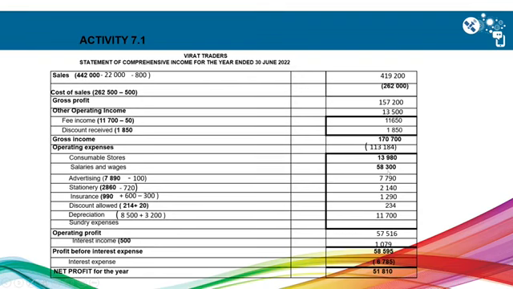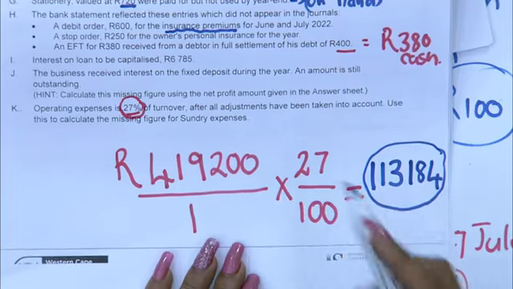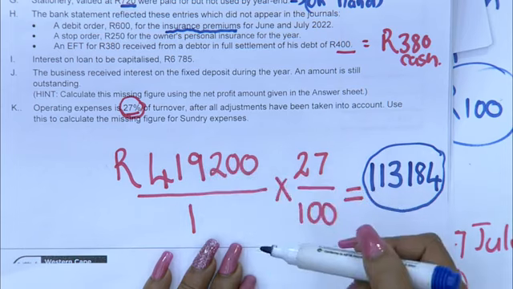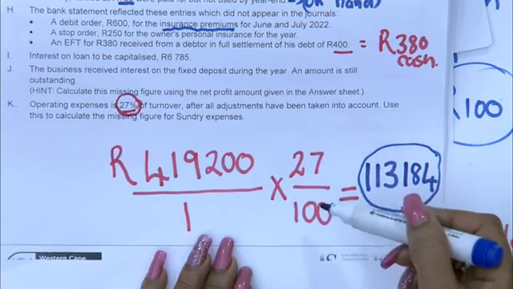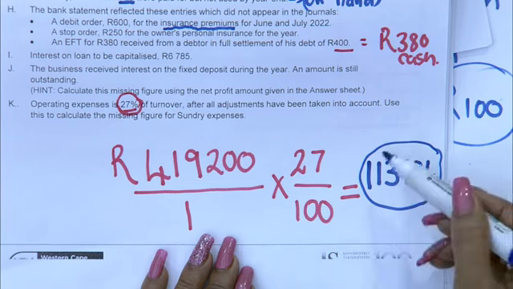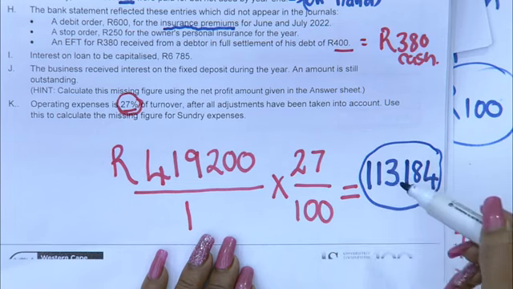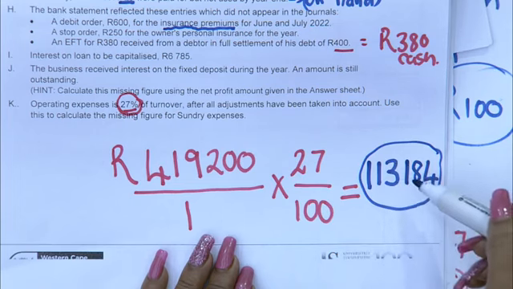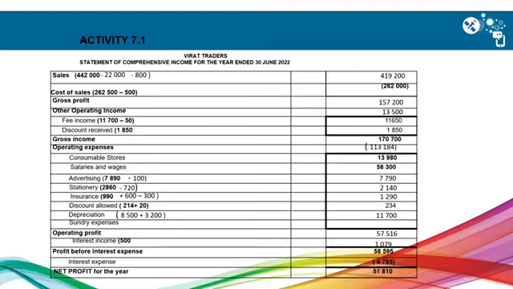The amount, as we've shown, remember, let's go back quickly. We've got 419,200 over 1, multiplied by the 27%. My operating expenses is now 113,184. So we've filled that figure in for you.